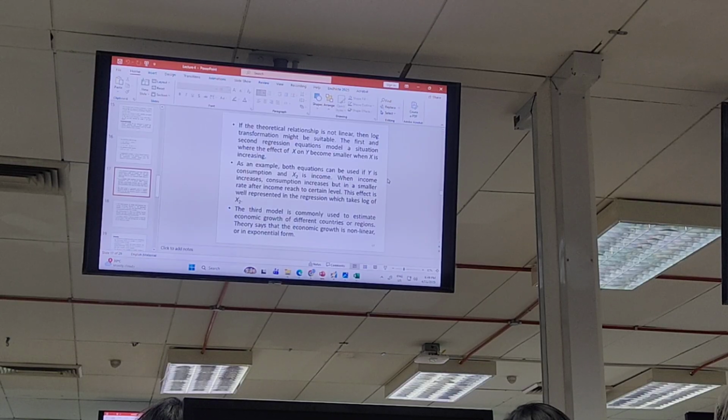So for this kind of data, it's more suitable to use the original value of y, meaning the linear log model. So you have beta 1 log x, and then the error term. To have this kind of relationship between y and x, instead of using a linear model, it's better to use the linear log model.